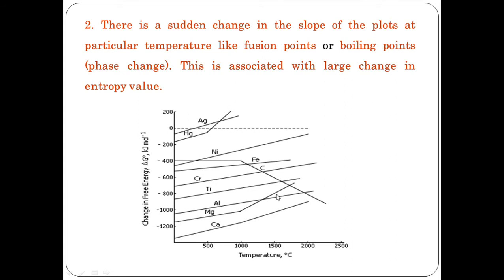This deviation or sudden change is due to phase changes, that is solid to liquid, liquid to gaseous, or solid to gaseous, that is melting point or boiling point. So this is associated with a large change in entropy value. This is the second point.